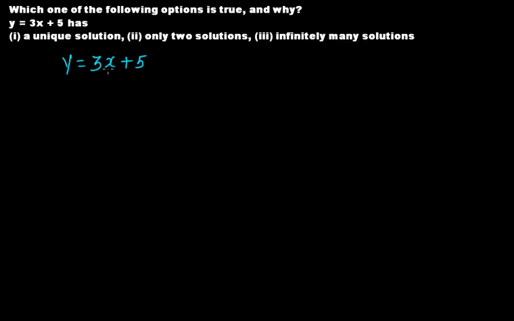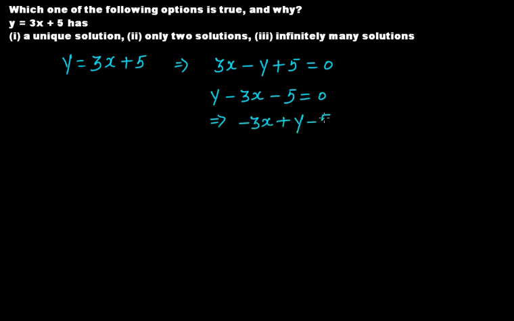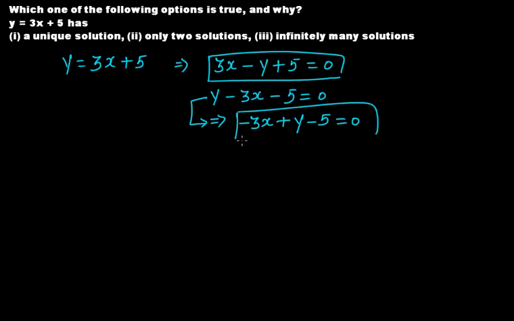Now this can be written as 3x minus y plus 5 equal to 0, or if you rearrange it, you will get minus 3x plus y minus 5 equal to 0. Now in both these two equations, this is a linear equation in two variables.